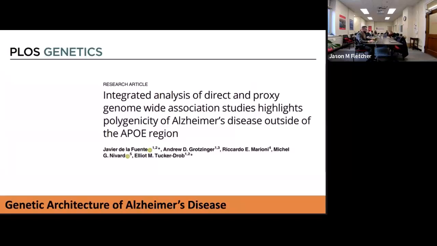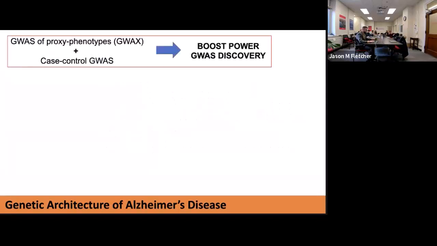Okay, the next paper that I would like to talk about was published last year in PLOS Genetics, and it focuses on the genetic architecture of Alzheimer's disease and some biases in the estimation of heritability when combining case control GWAS, which we call direct GWAS, and proxy GWAS of family history of disease.